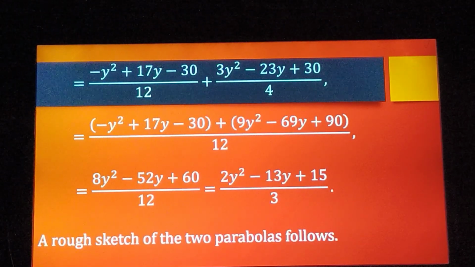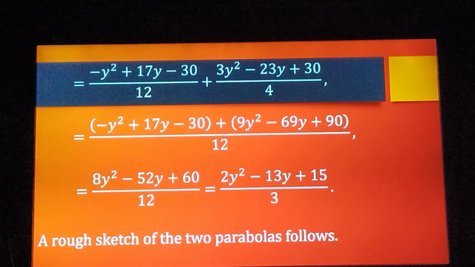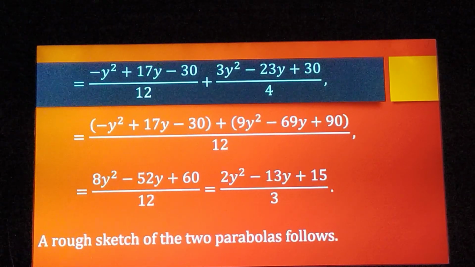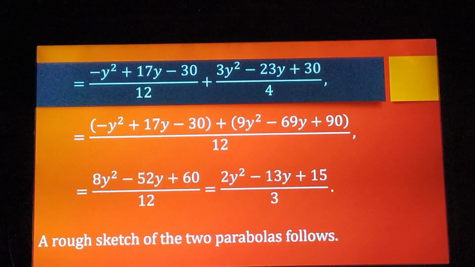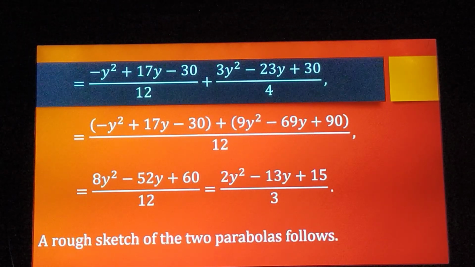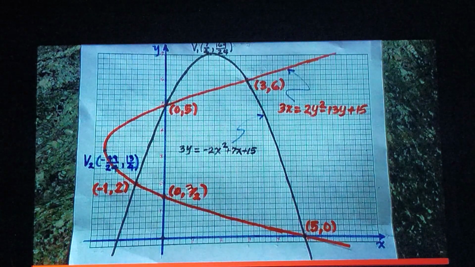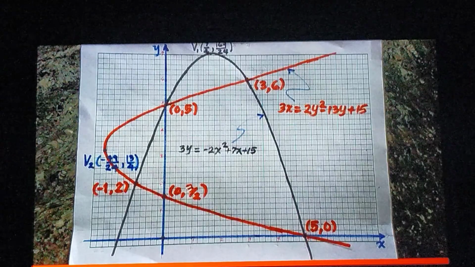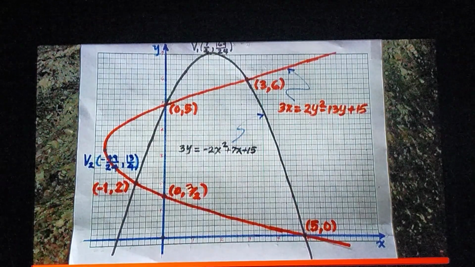So the equation of the parabola whose axis is horizontal is x = (2y² - 13y + 15)/3. A rough sketch of the two parabolas follows, drawn on graphing paper.